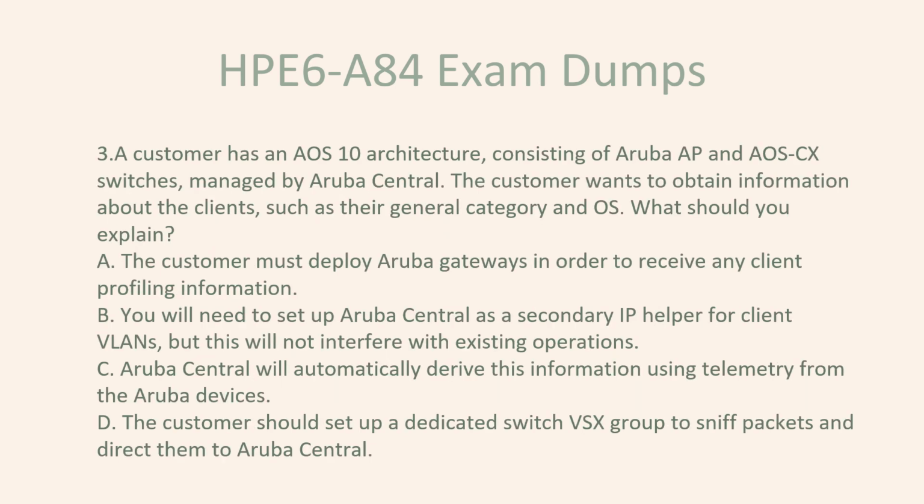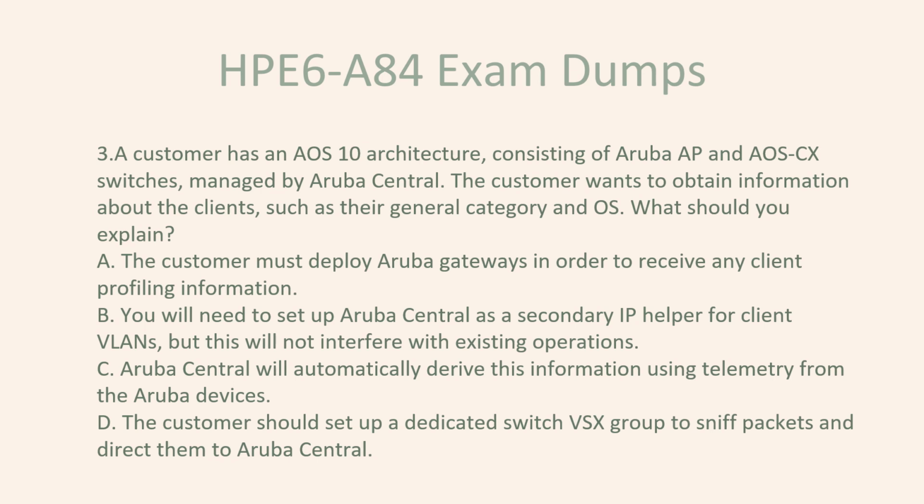3. A customer has an AOS 10 architecture, consisting of Aruba APs and AOS-CX switches, managed by Aruba Central. The customer wants to obtain information about the clients, such as their general category and OS. What should you explain? A. The customer must deploy Aruba gateways in order to receive any client profiling information.